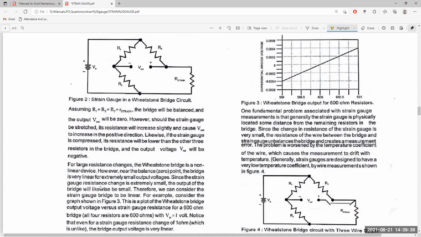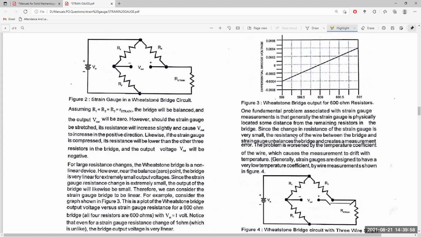Next, the Wheatstone bridge output for 600 ohm resistors. One fundamental problem associated with strain gauge measurement is that generally the strain gauge is physically located some distance from the remaining resistors in the bridge.